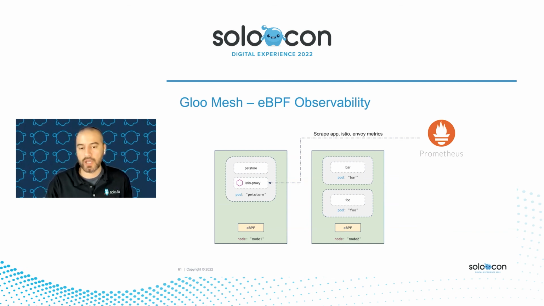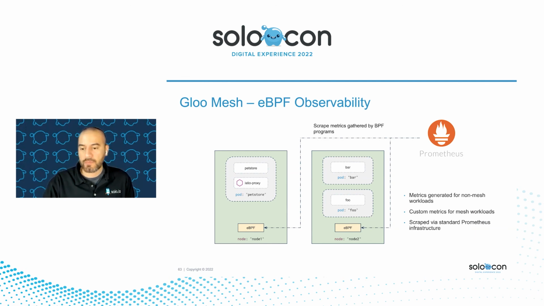And now we can scrape the Istio proxy for the pet store, which is injected with the Istio proxy, so we can get the app, Istio and Envoy metrics from pet store. We can get the app metrics from foo and bar, which don't have the Istio proxy. And then we can scrape the eBPF programs to get the really low level metrics. For example, foo and bar don't have any network statistics.